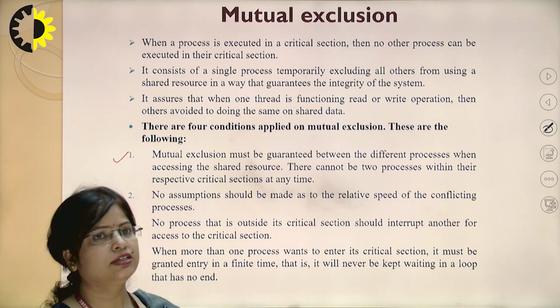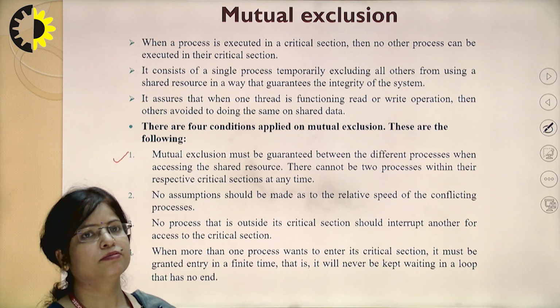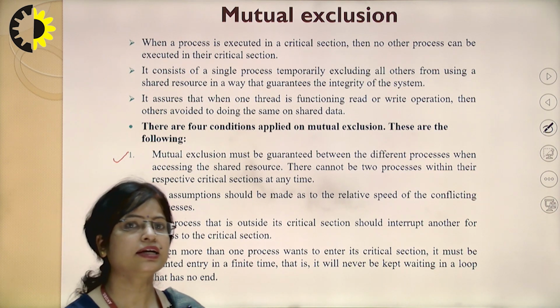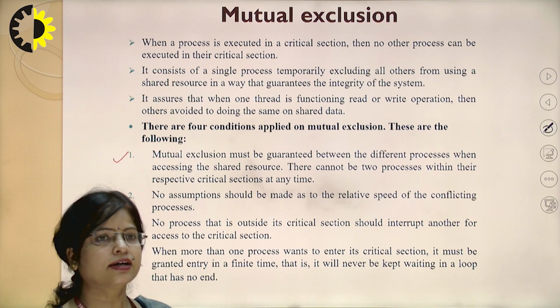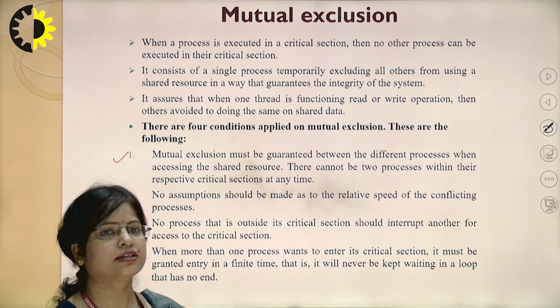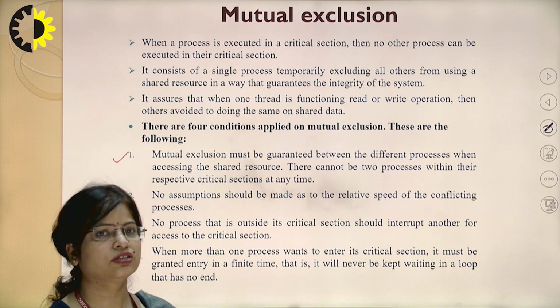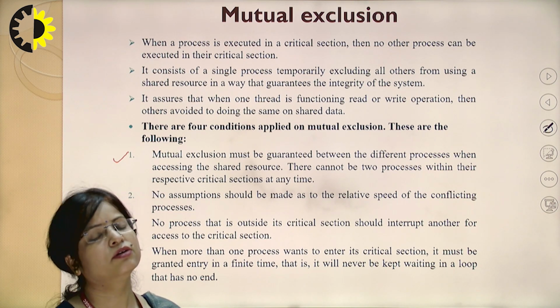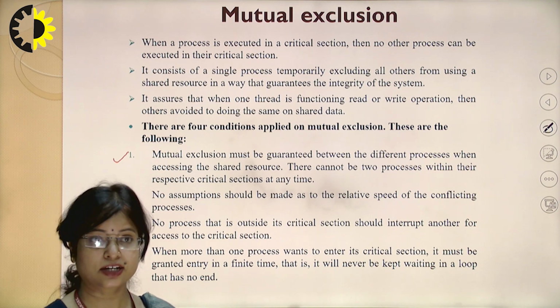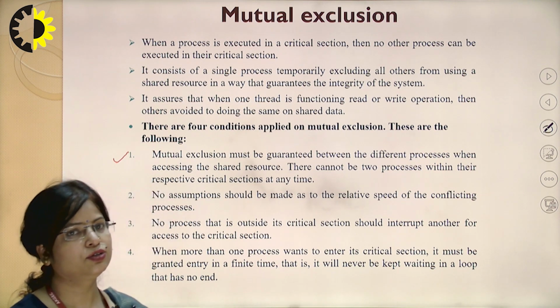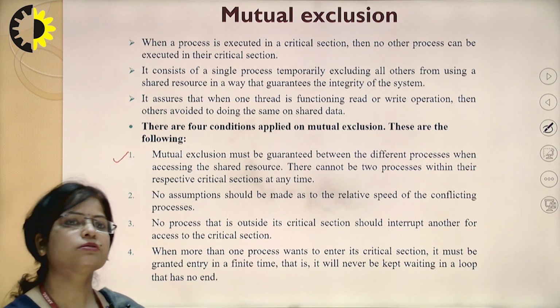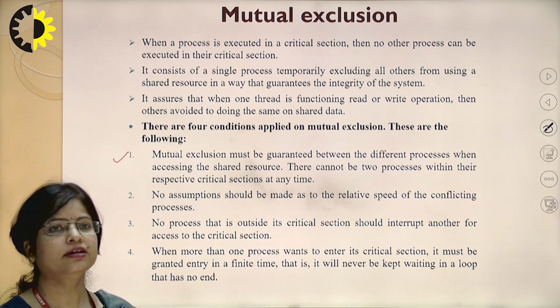Second condition is no assumptions should be made as to the relative speed of the conflicting processes. Third condition is no process that is outside its critical section should interrupt another for access to the critical section. Fourth, when more than one process wants to enter the critical section, it must be granted entry in a finite time.